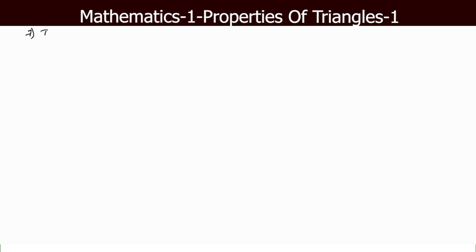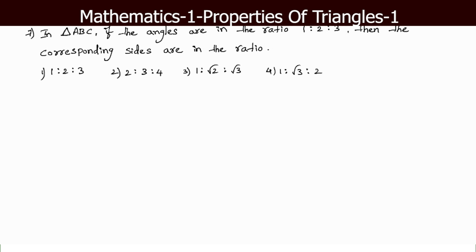Next, in triangle ABC, if the angles are in the ratio 1:2:3, then the corresponding sides are in the ratio: 1. 1:2:3, 2. 2:3:4, 3. 1:√2:√3, 4. 1:√3:2. Now we know that the angles are in the ratio 1:2:3.